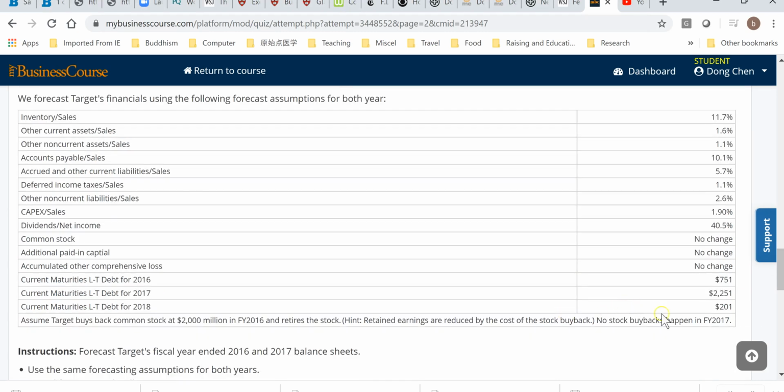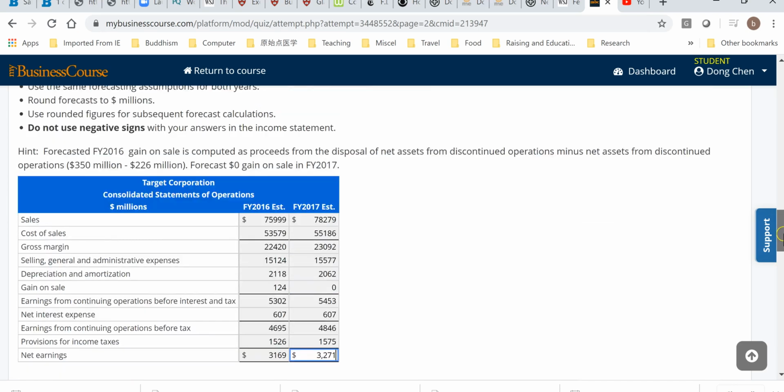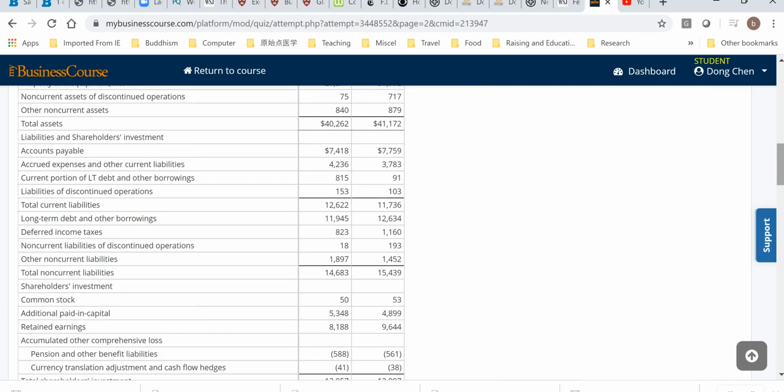So that's already reflected. The 751 is already reflected in this current portion of long-term debt and other borrowings.